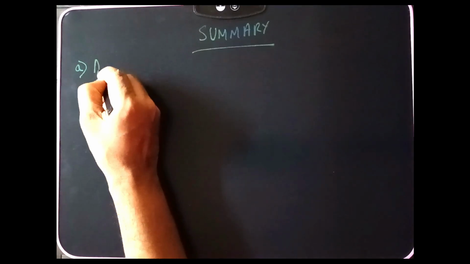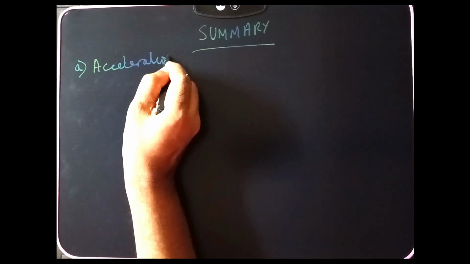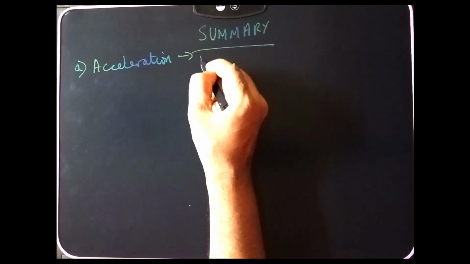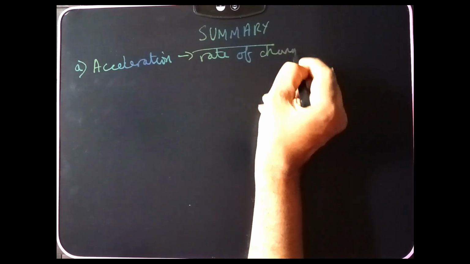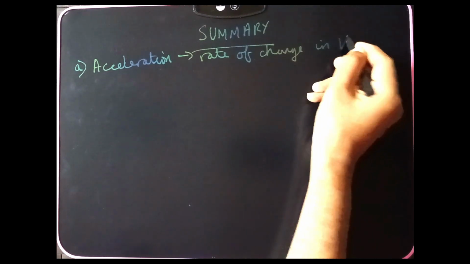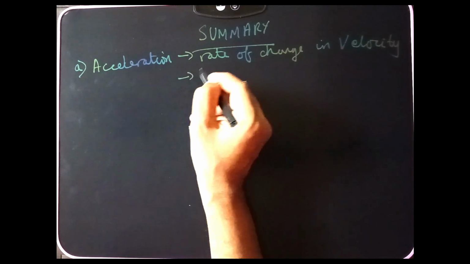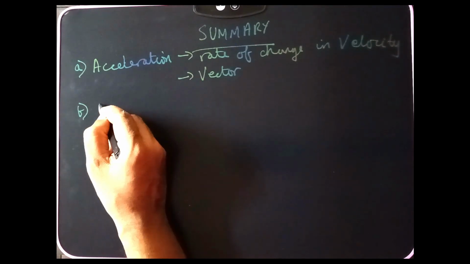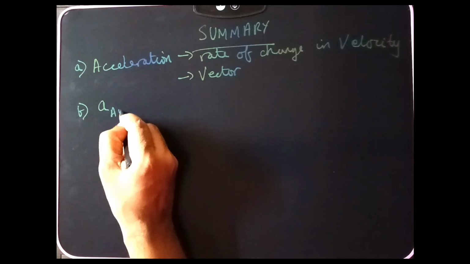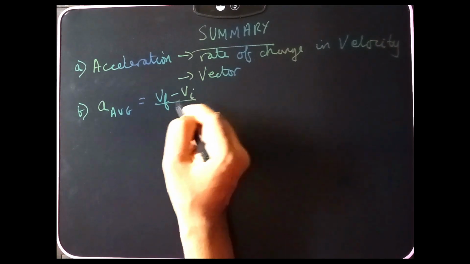We have learned that acceleration is the rate of change of velocity. It is a vector. The average acceleration is given by change in velocity by change in time.